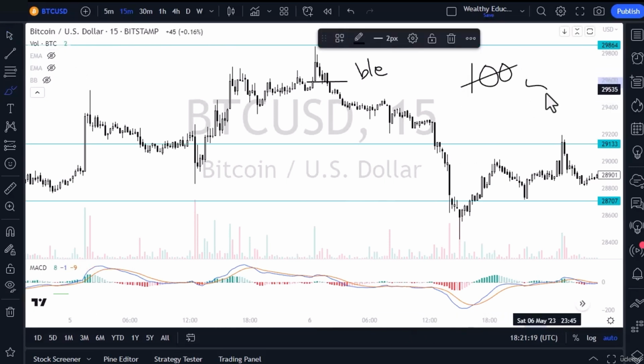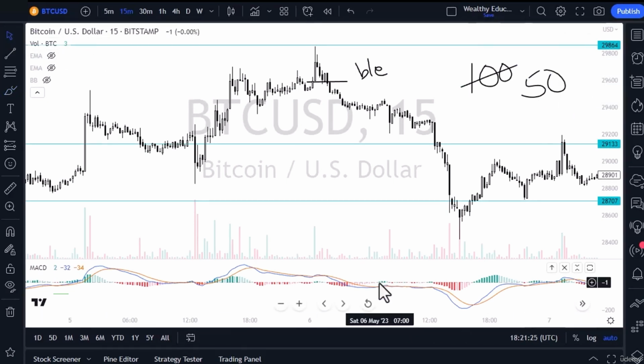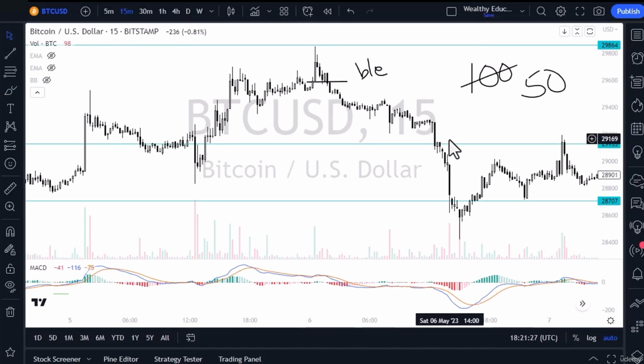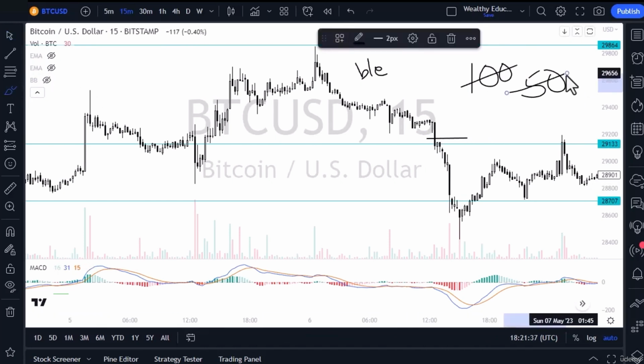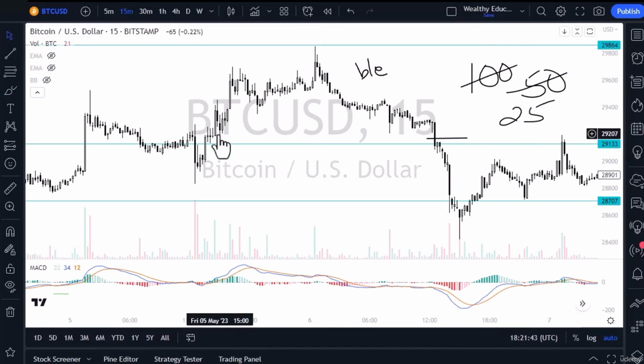So now you're down to 50 units, $50, 50,000, $5, whatever. Your stop loss is at break even. We break through here. Your stop loss moves down to here. Maybe you take profit there. And now you're down to 25. That's one way to scale out of a position that's working in your favor.